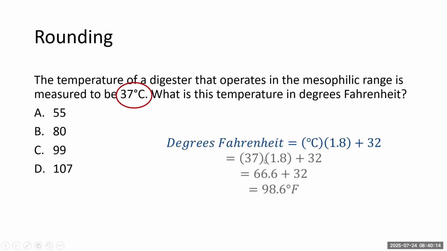If we're doing our PEMDAS correctly, remember, we first multiply, before we do any addition or subtraction. So let's multiply those numbers. We get 66.6 plus 32, and that gives us an answer of 98.6 degrees Fahrenheit.